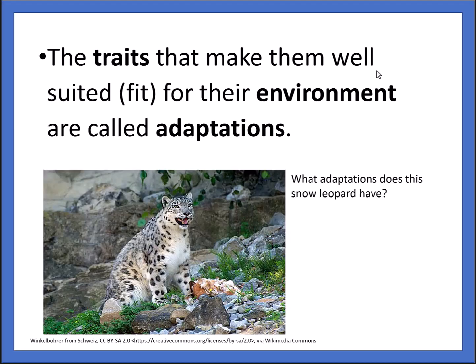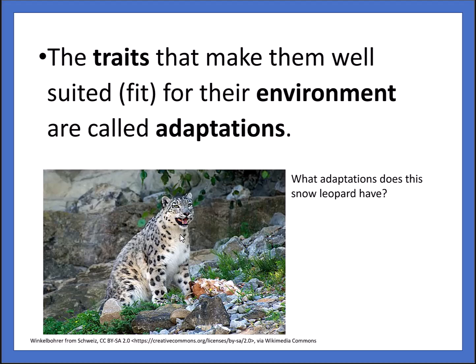So just as a little reminder summary here, what adaptations does the snow leopard have? It has camouflage. So if it's living in the snow, it has camouflage here that can help it to blend into a snowy or slightly snowy environment.